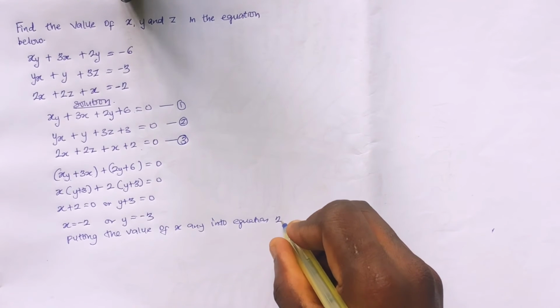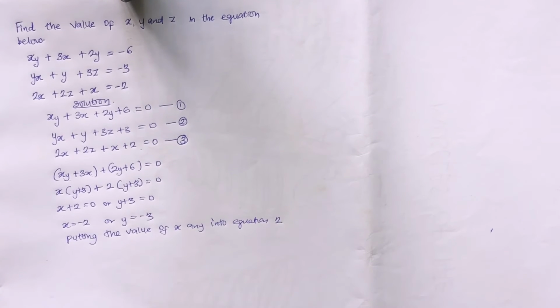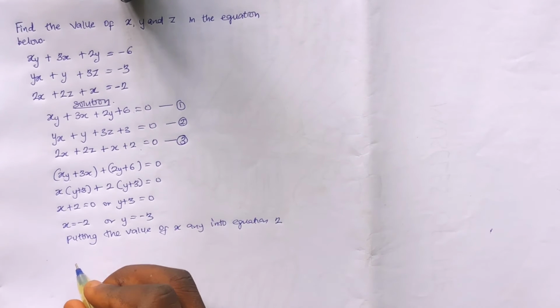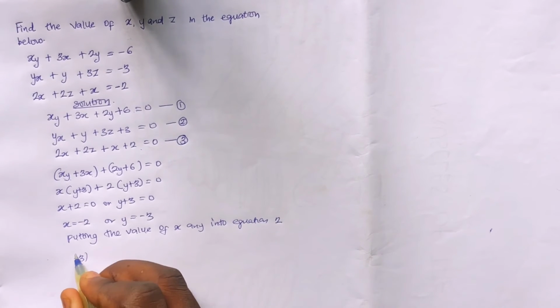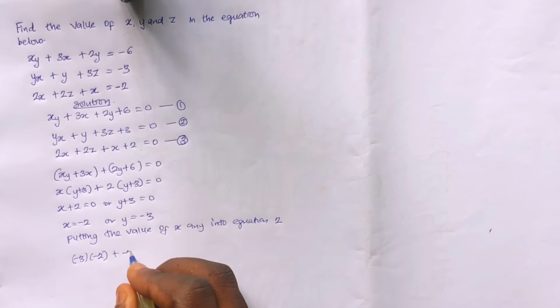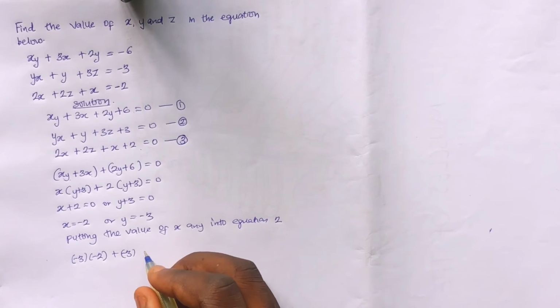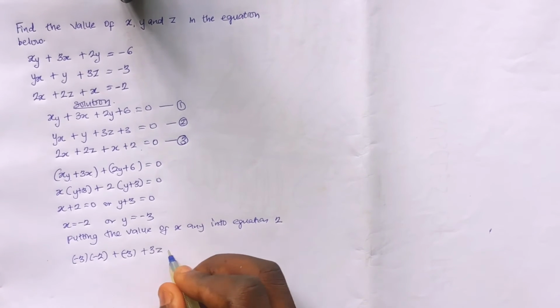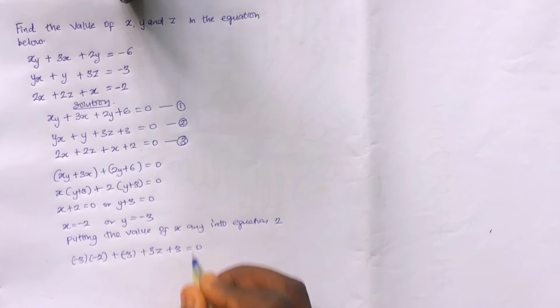My y is minus 3, put inside brackets, then my x is minus 2, plus minus 3, plus 3z plus 3 equals 0.